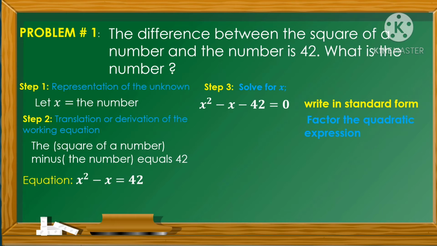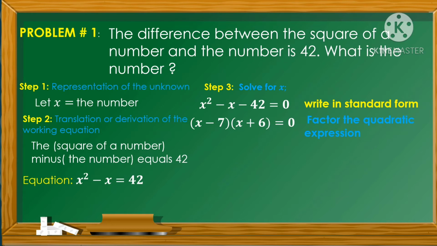And you must have prior knowledge about factoring, so you can easily get the factors. So the factors of x squared minus x minus 42 is x minus 7 times x plus 6. And that is the factor. In other words, if you expand x minus 7 and x plus 6, you will come up with the product x squared minus x minus 42.